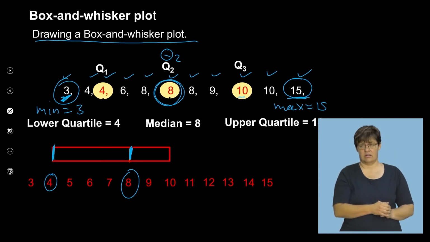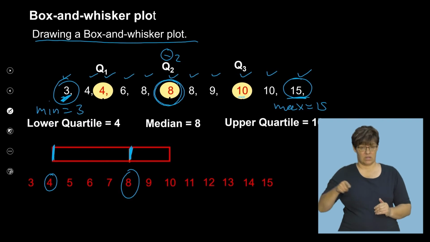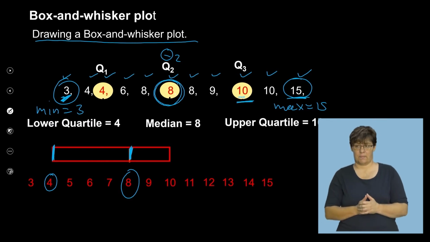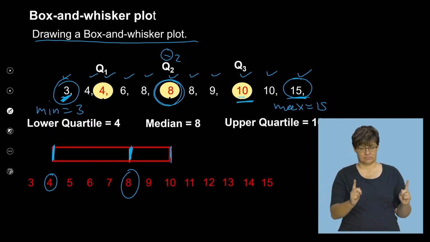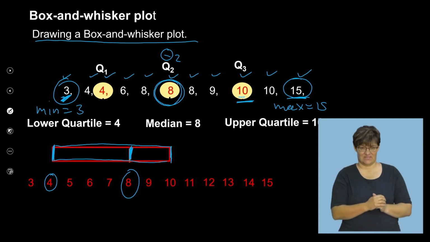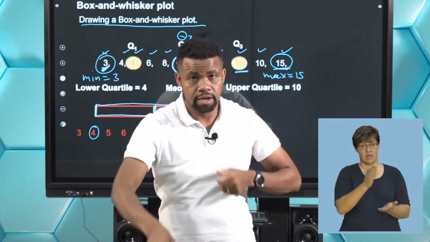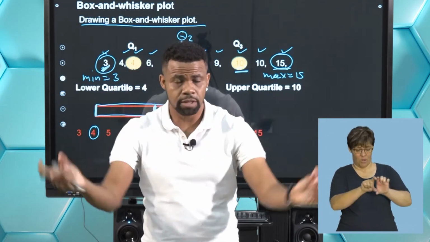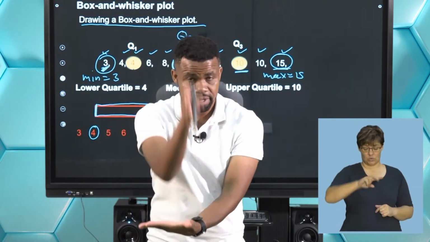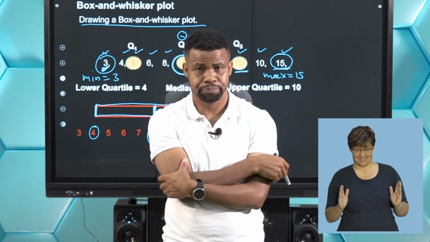And what is the upper quartile? We know that the upper quartile is 10. We connect. So this actually connects the box. Are we together? So the lower quartile, median, and upper quartile form the box. And in the middle is your median, or Q2.